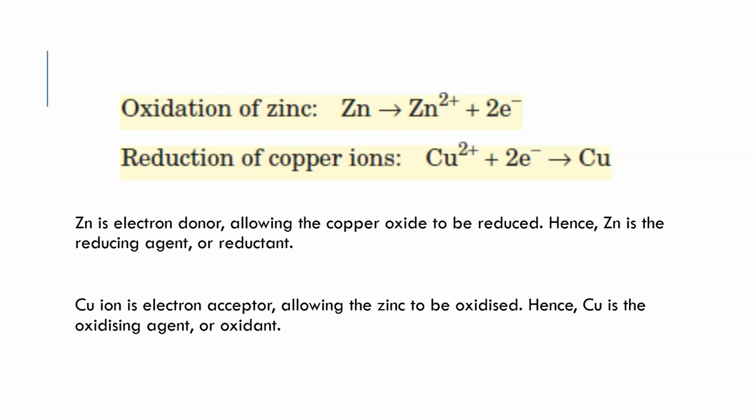So zinc is the electron donor. The electrons are being given off by the zinc and they end up on the right-hand side as a product. Those electrons are picked up by the copper, so the electrons are on the reactant side and the copper is reduced. So copper is the oxidizing agent, zinc is the reducing agent in this example.